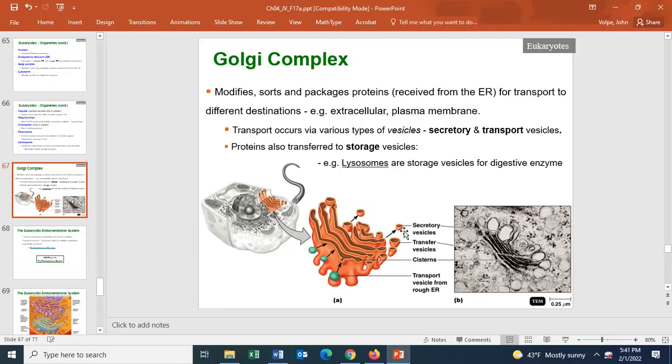Well, where do they go? Depends on the protein. If the protein is needed by the nucleus, the vesicles will fuse with the nuclear membrane, and then the proteins will be dumped into the nucleus. If the proteins are needed by the body, I don't know, let's say it's a hormone or something like that, then the vesicles will fuse with the cell membrane and then dump the proteins external to the cell.